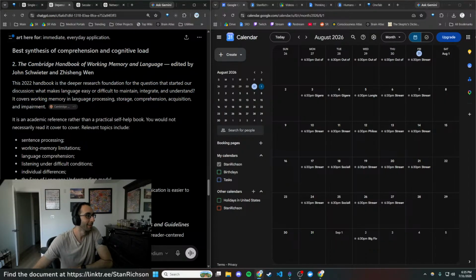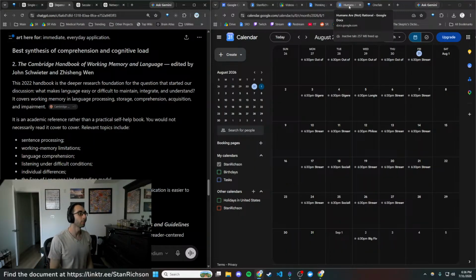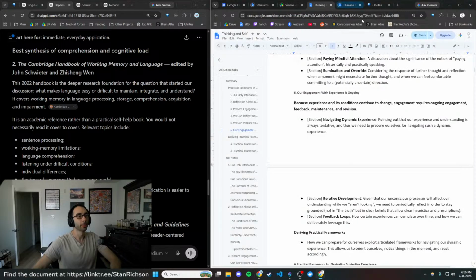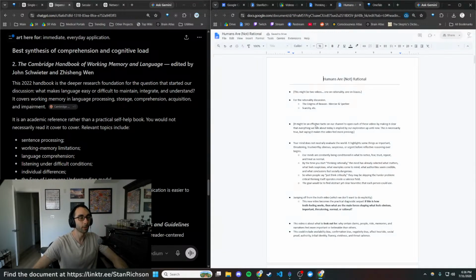This is actually really useful for what I wanted to do more recently. When we're talking about humans being rational and evolutionary heuristics that are going to affect how we think, it actually does matter how our working memory applies.